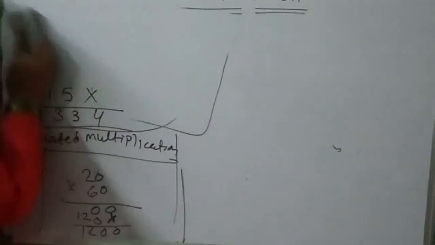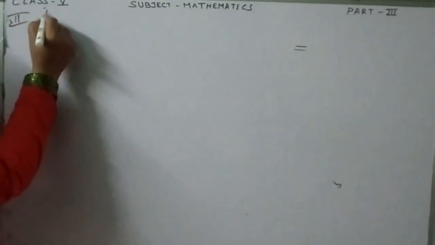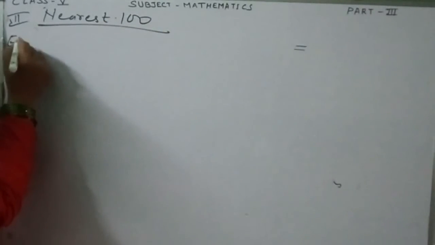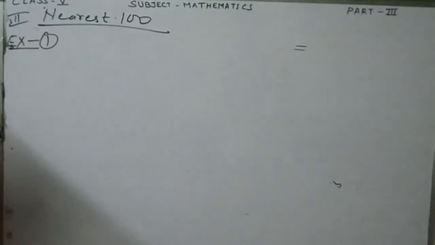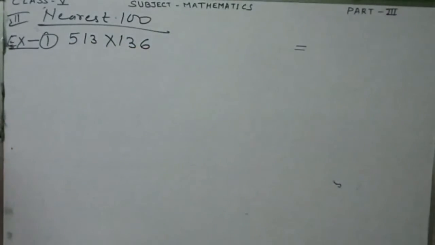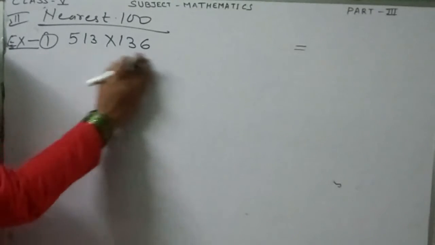The example is 513 multiply 136. Students, we have to find the estimated product and also the actual product. For finding the estimated product, first we have to find the estimated value of the given numbers.